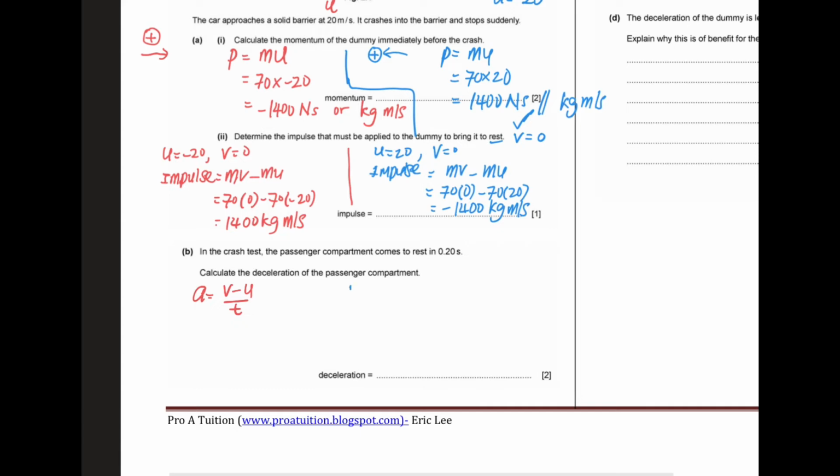Okay, now again I show two workings. One in my red color, where the V is 0, the U is negative 20, the T is 0.2. So you divide, then you will get positive 100.